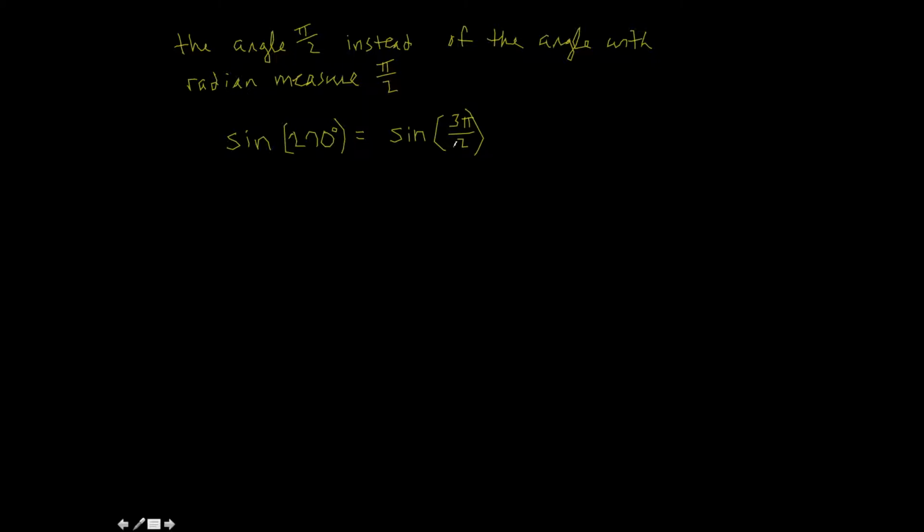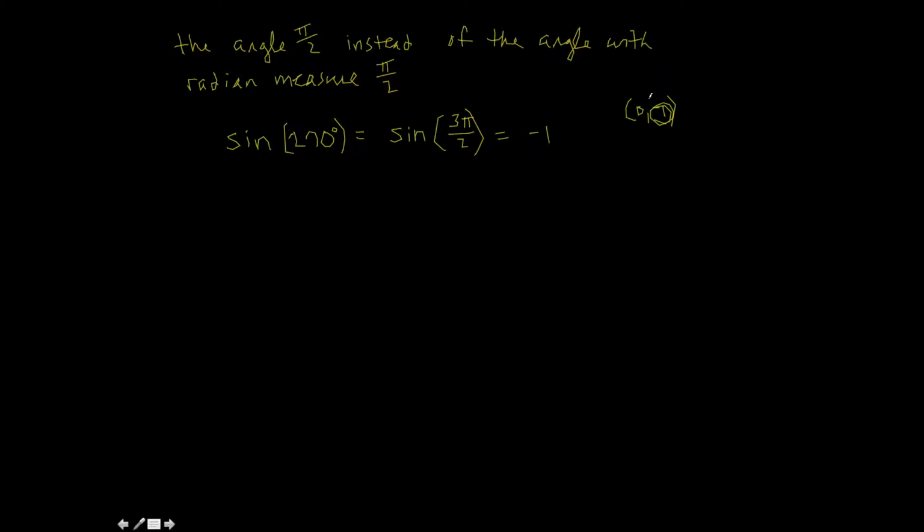One of them is just the radian measure, one of it's the degree measure. So we identify it with that. And this would actually be -1 for that answer, because the point is 0, -1. And since sine is the y-coordinate, remember, this would be our answer.